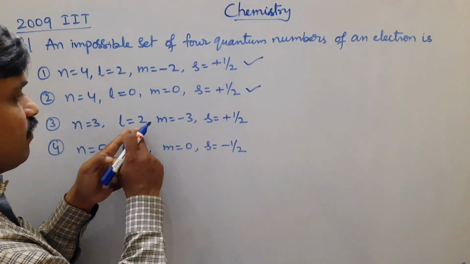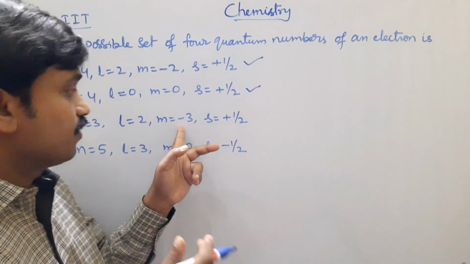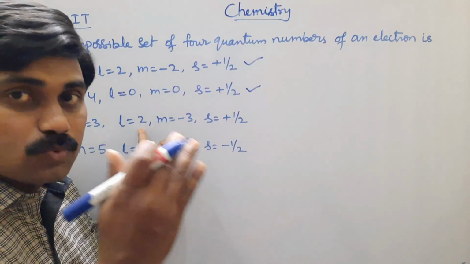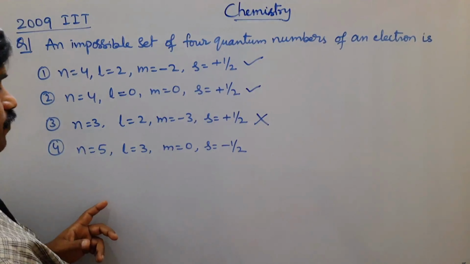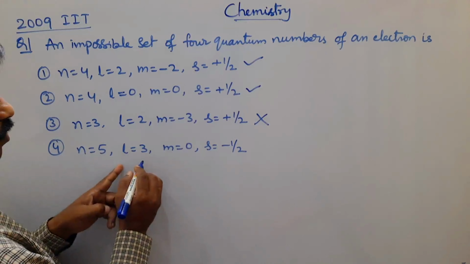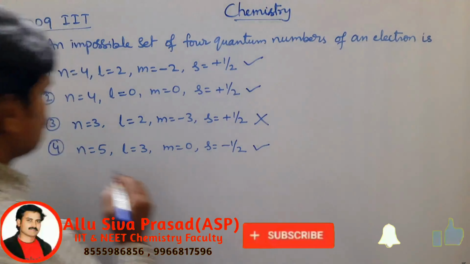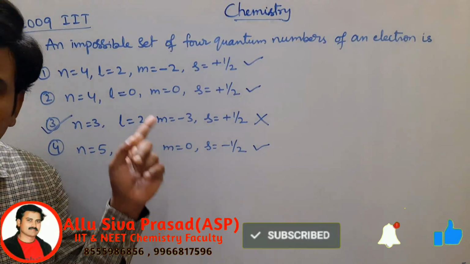But if L value is 2, m cannot be minus 3, because if L value is 2, m values are minus 2, minus 1, 0, plus 1 and plus 2 only. That's why this is the wrong set. And option 4, n equal to 5, L equal to 3, m equal to 0, s equal to minus half. This is also possible. So option 3 is the impossible set in the given question.